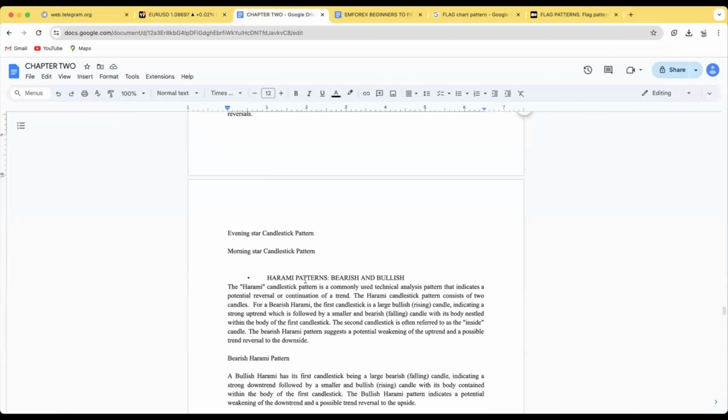Harami patterns, bearish and bullish Harami patterns. The Harami candlestick pattern is a commonly used technical analysis pattern that indicates a potential reversal or continuation of a trend. It consists of two candlesticks.